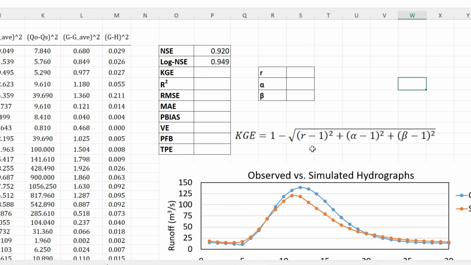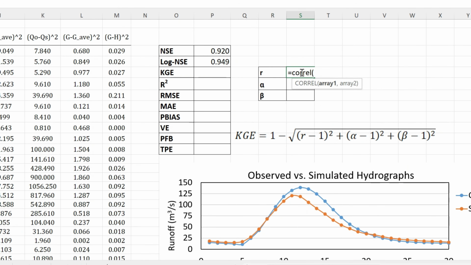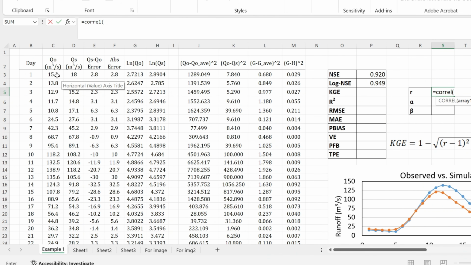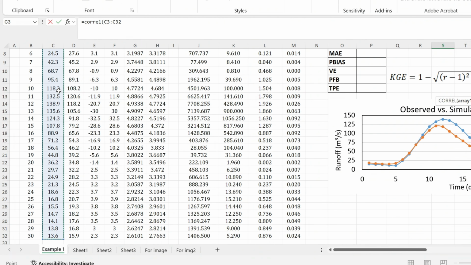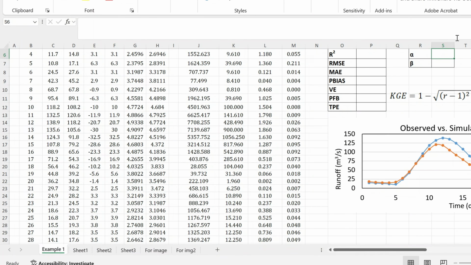KGE has 3 parameters, R, alpha, and beta, that I need to calculate. So I start with the R, which is the simplest one. That's the correlation coefficient. So basically you can use the CORREL function in Excel, and that is going to be between observed value and the simulated one. And that's it.